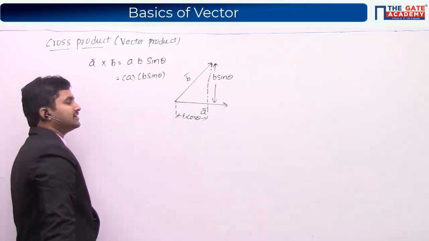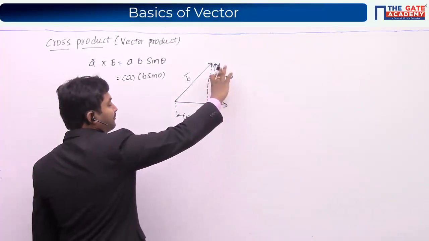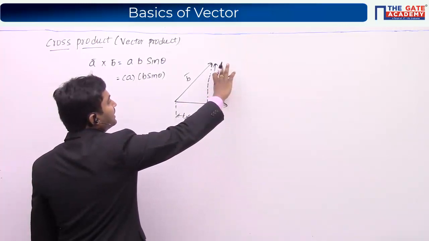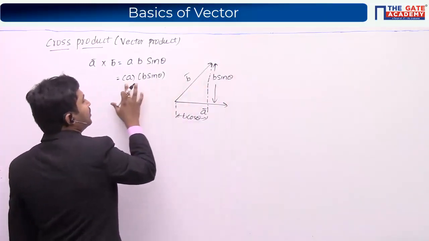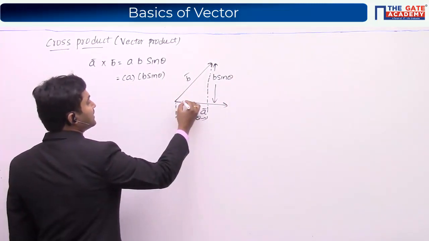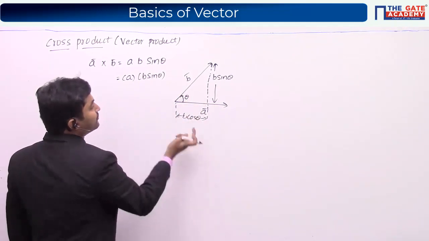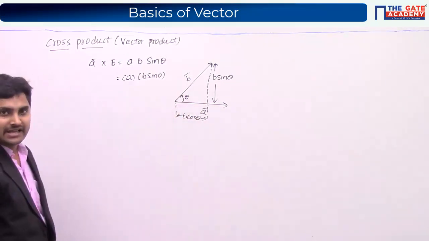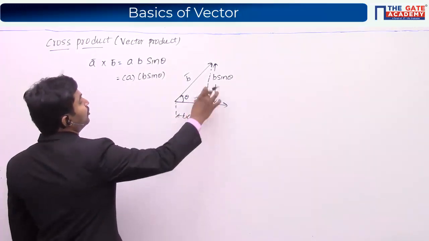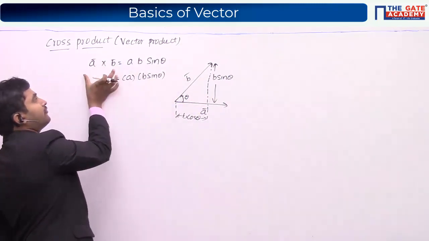But if I do the opposite, multiplying the vector A with a component perpendicular to it, this is what is called the cross product. Here the angle theta is the angle subtended when moving from A to B. If I multiply the two perpendicular components of the two vectors, this forms the magnitude of the cross product.